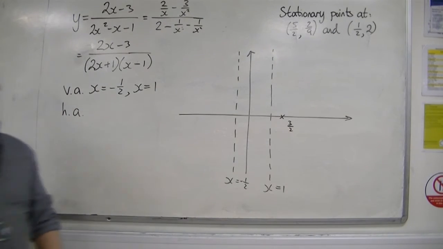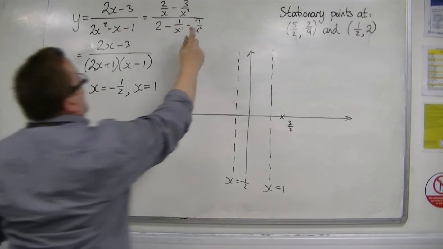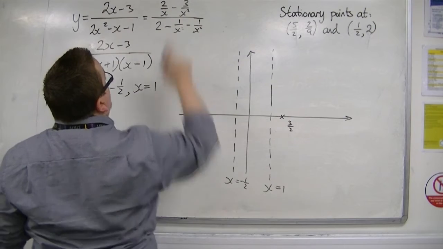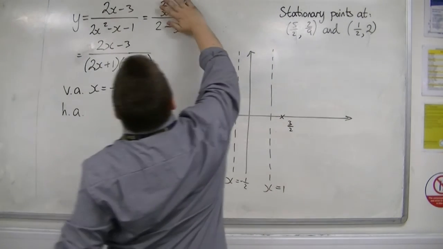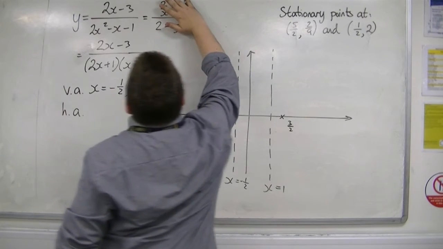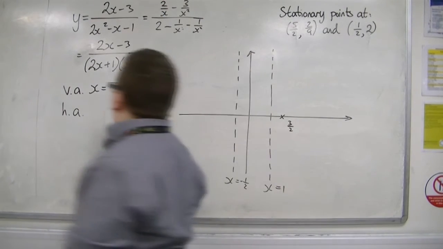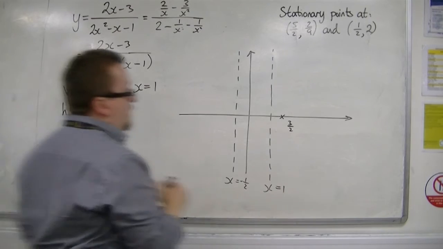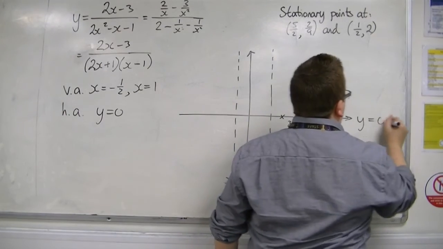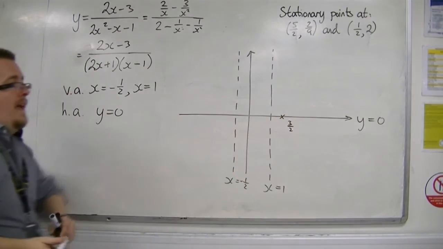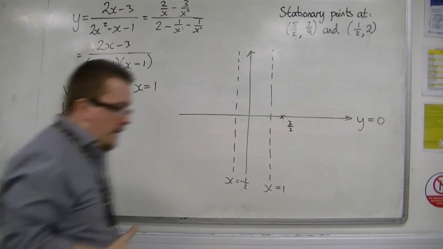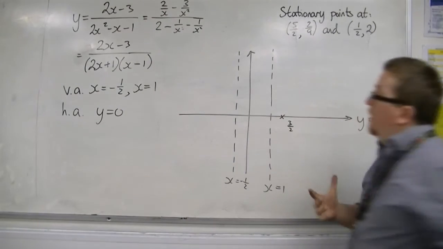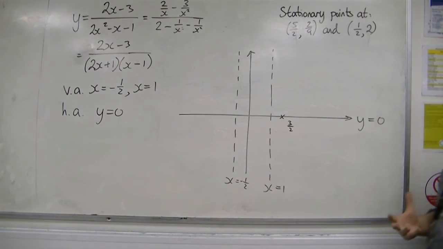Now as x gets very, very large, these fractions will all tend towards 0. So what you'll get is 0 on the top and 2 on the bottom. So the horizontal asymptote is y is equal to 0. It tends towards the x-axis. That's our horizontal asymptote. So now, are we ready to start sketching this curve?